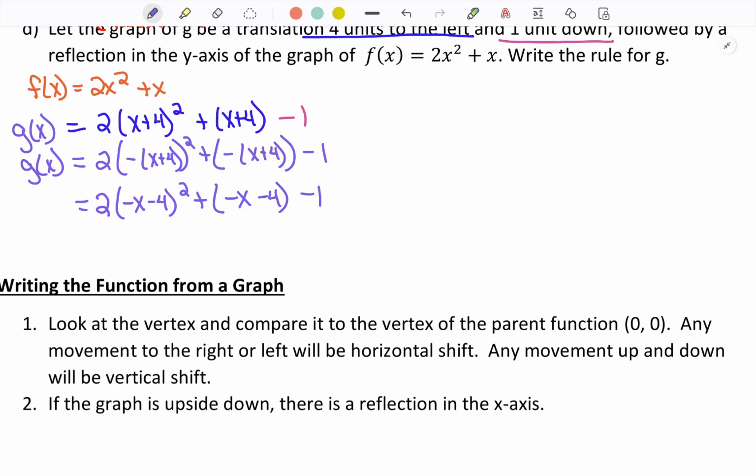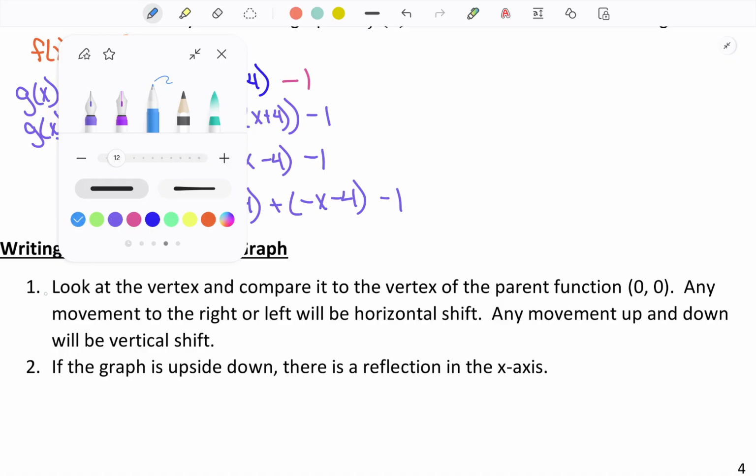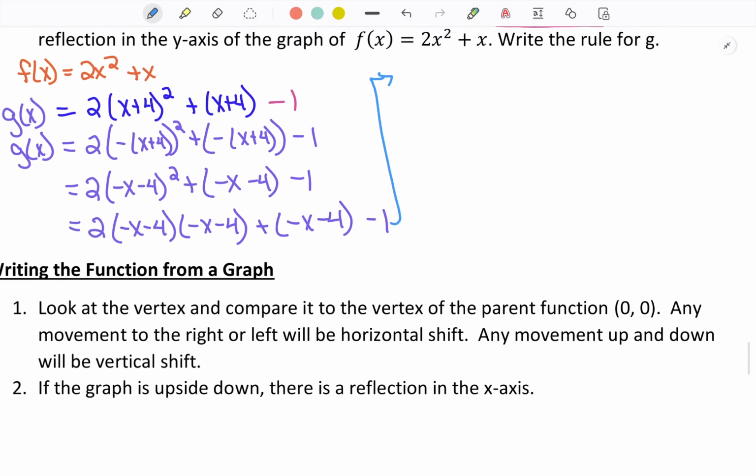And we are going to have to FOIL again. So it's going to be 2, and then we've got (negative x minus 4)(negative x minus 4), plus negative x minus 4 minus 1. So we're going to go ahead and start foiling.